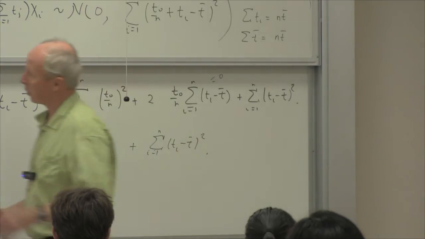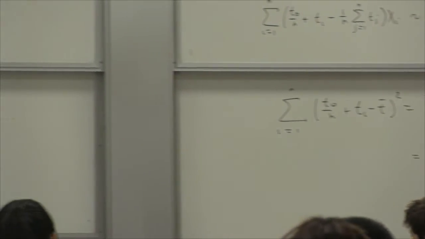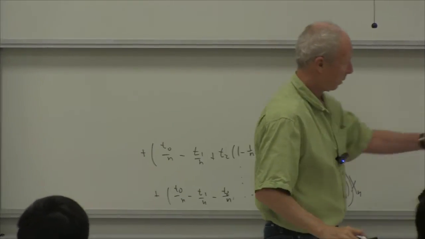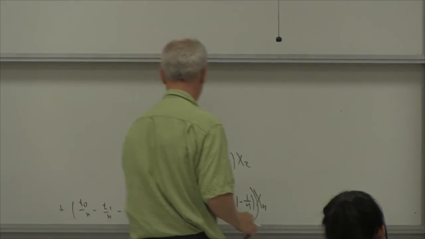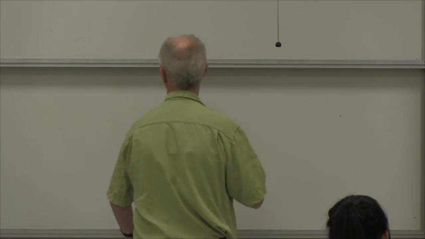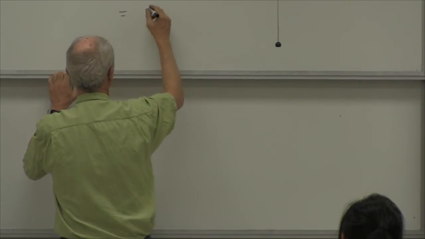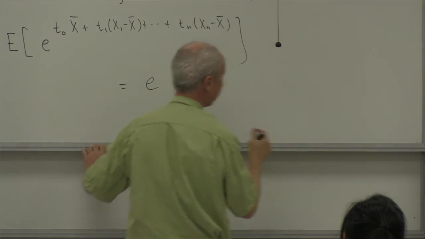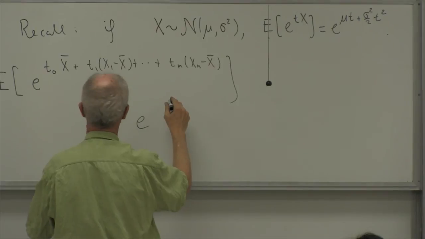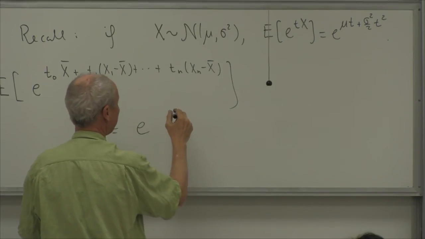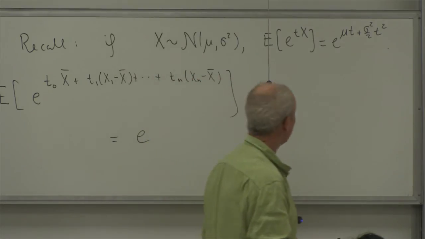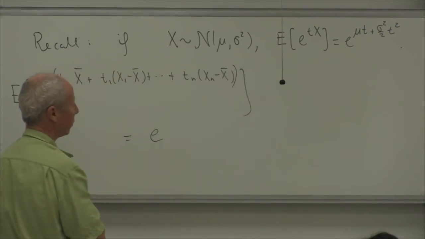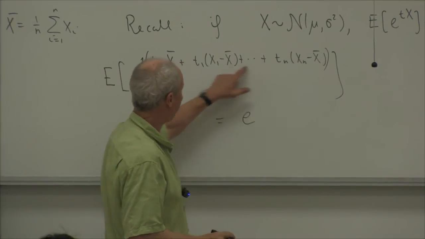And that's what goes in this exponent. This random variable is normal with mean 0 and variance that. So this is equal to e to the mu, which is 0, plus sigma squared, that thing over there. It's as though I have 1 times this random variable. This is now my x.